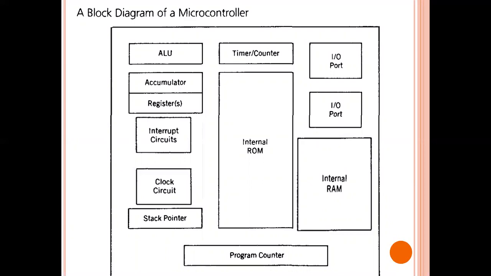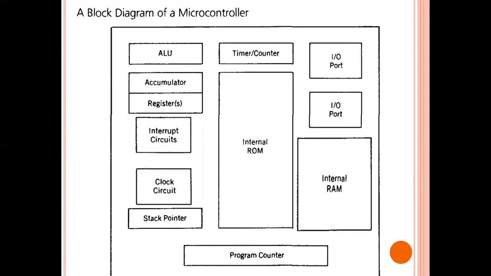We already discussed common parts like ALU, registers, clock circuit, and interrupt circuit. Now let us learn about the additional parts. First one, internal RAM and ROM. Internal RAM is used to execute programs and internal ROM is used to store the data and programs.